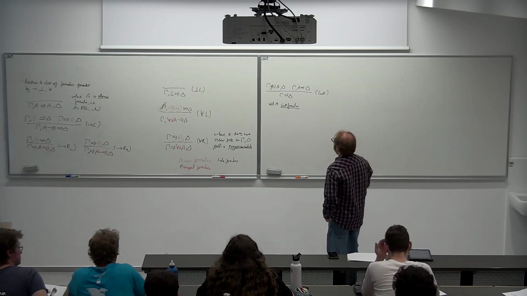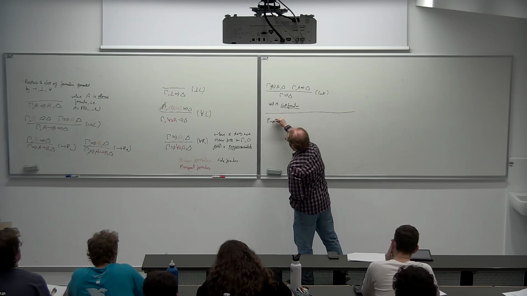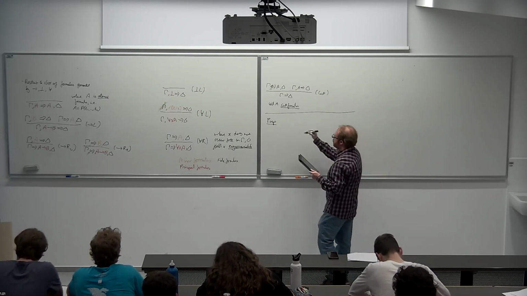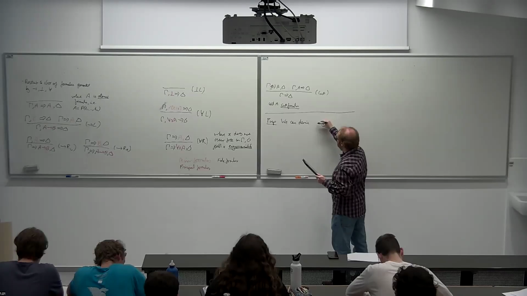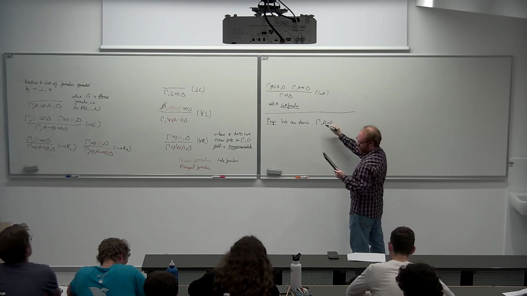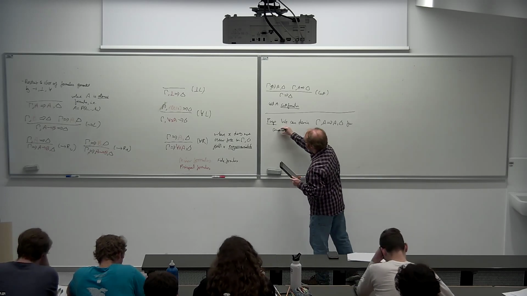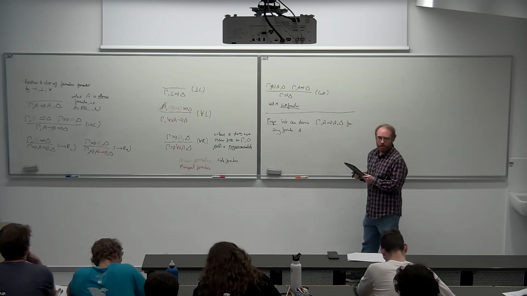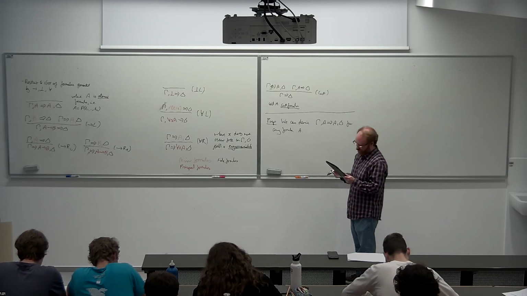So, the sequent with A on both sides: the rule that we have is for when A is atomic, but then we can derive it for all formulas.